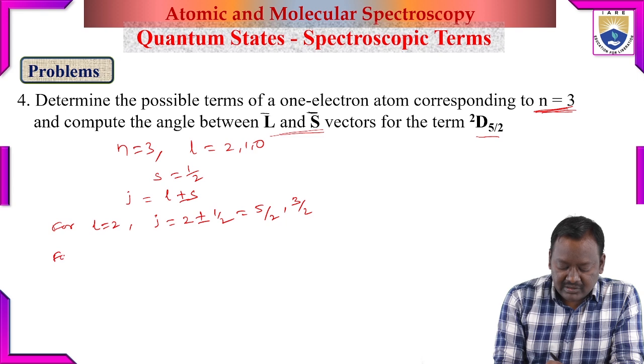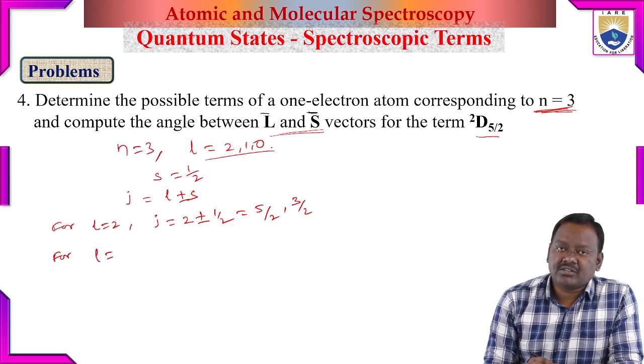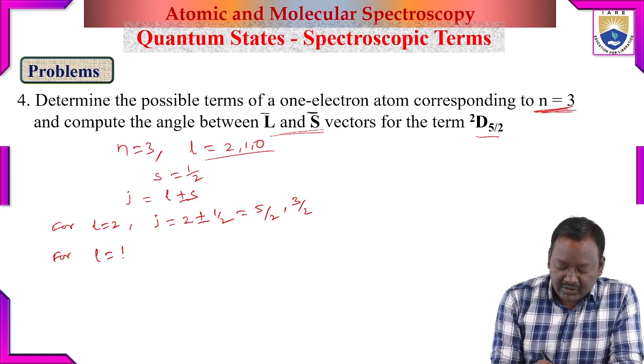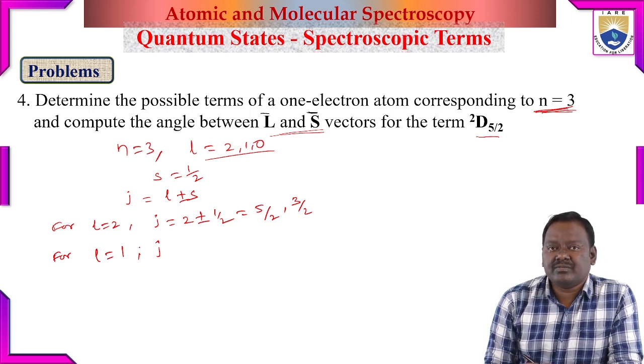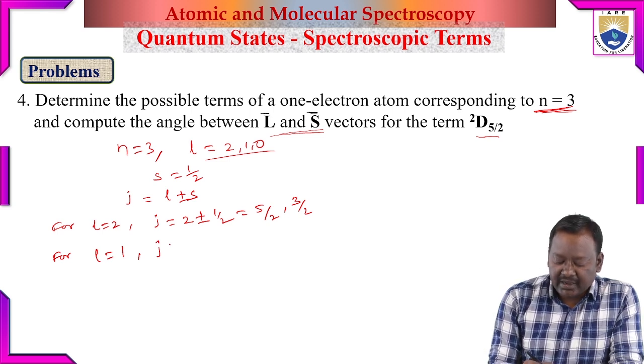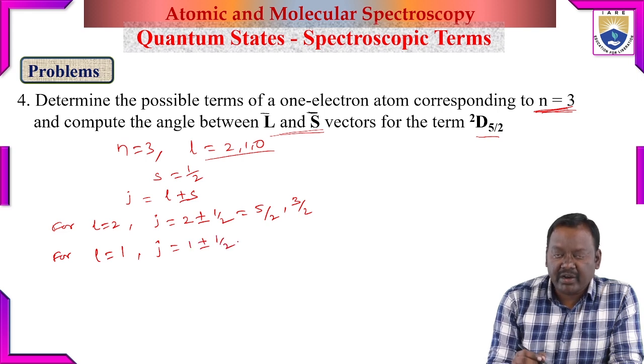And for L equal to 1, we can have 3 different L values for the electron which is orbiting in the third orbit, n equal to 3. So for L equal to 1, the total angular momentum quantum number J can have values 1 plus or minus 1 by 2.